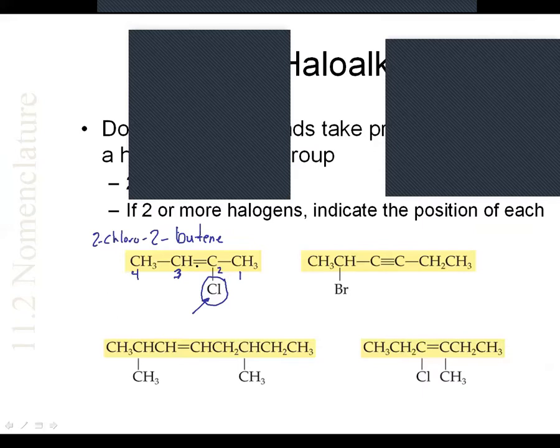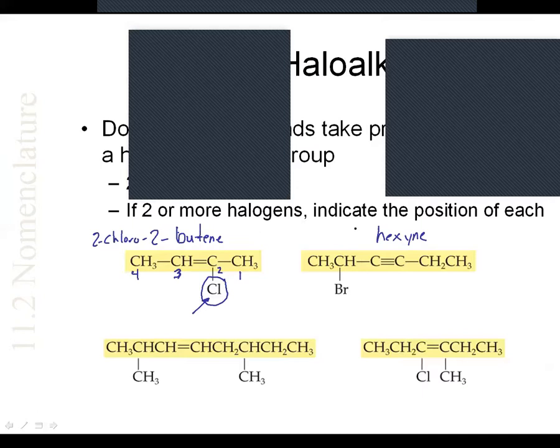2-butene. Same thing here, 1, 2, 3, 4, 5, 6 carbons. 6 carbons based off of hexane. Has a triple bond, becomes hexyne. Going left to right gives us 1, 2, and 3 for a triple bond. Going right to left gives us 1, 2, and 3 for our triple bond.